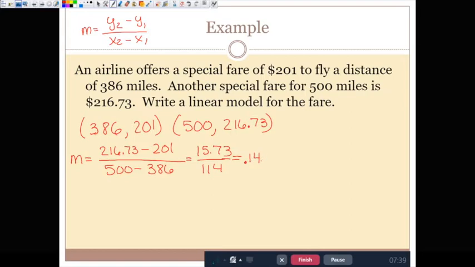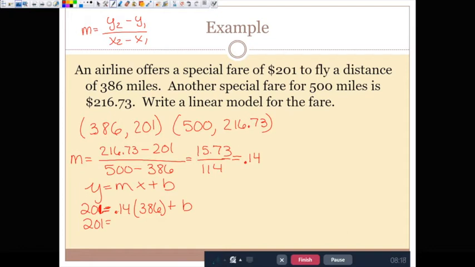Okay? So now that I found M, I need to find B. So my equation is y equals mx plus b. You can choose either point to use. I suggest using the first one because there's no decimals. So I'm going to take 201 and substitute that in for y equals m, which is 0.14, times x, which is 386, plus b. I don't know b. So I'm going to have 201 equals 0.14 times 386.